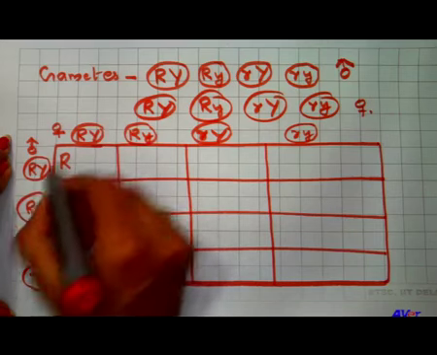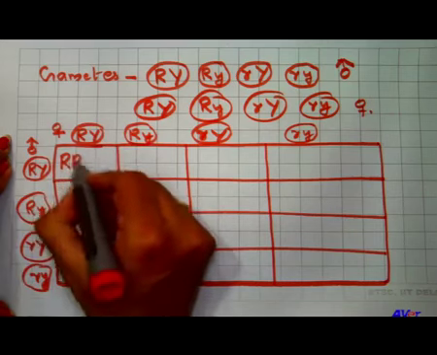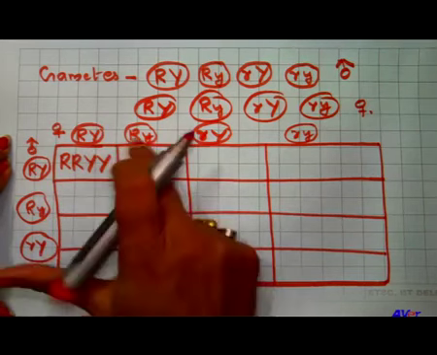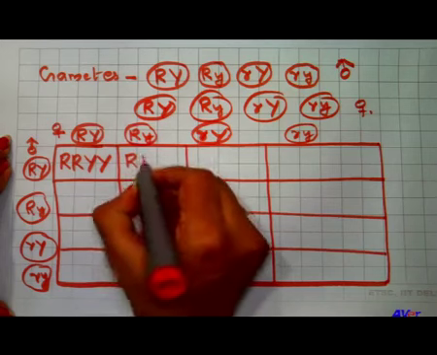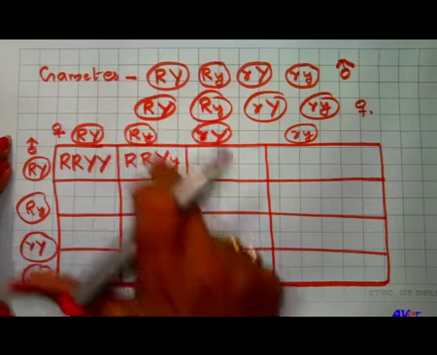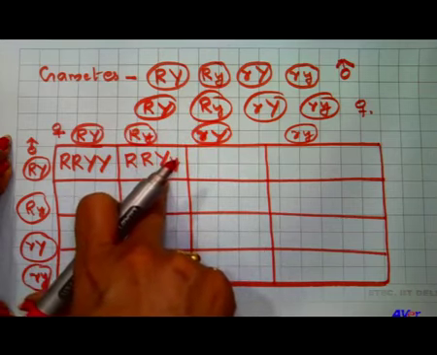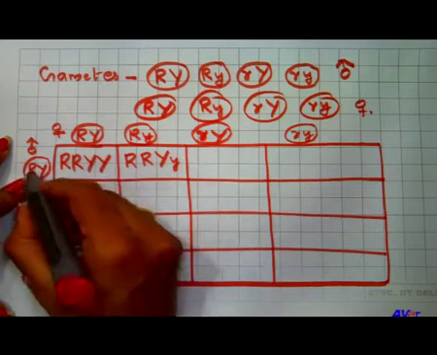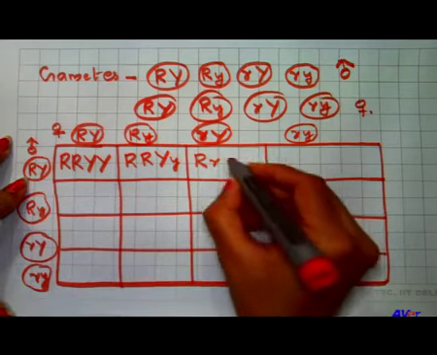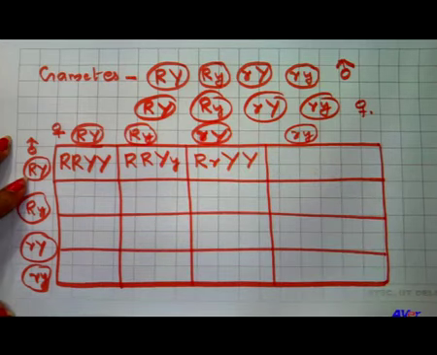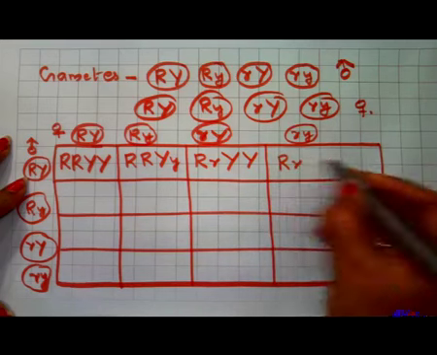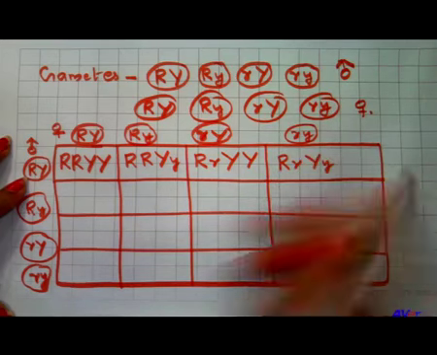Listen how it can be written: capital R, capital R, capital Y, capital Y. Second one, capital R, capital R, capital Y, small y. First capital letter, then followed by small letters. Here it is capital R first, followed by small r, capital Y. This combination will be capital R, small r, capital Y, small y.